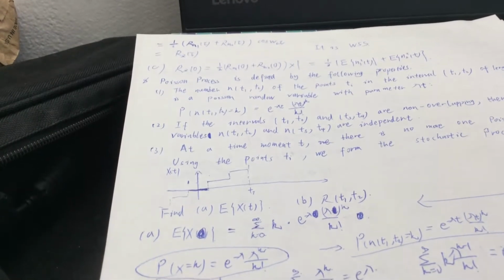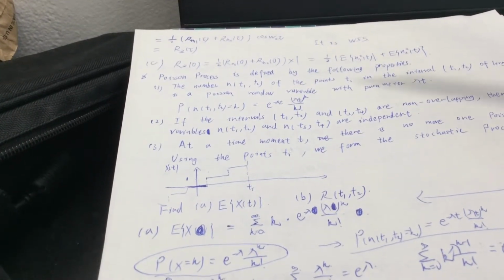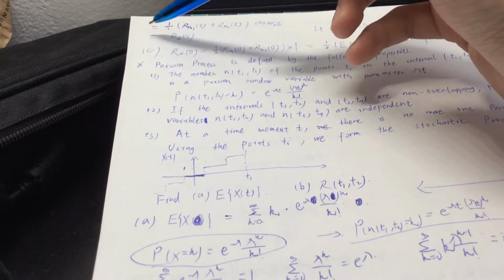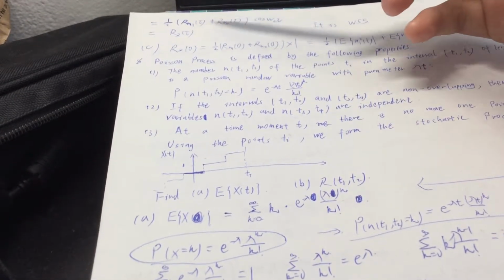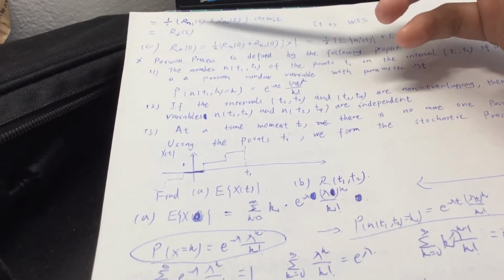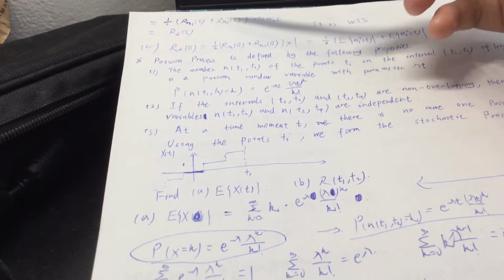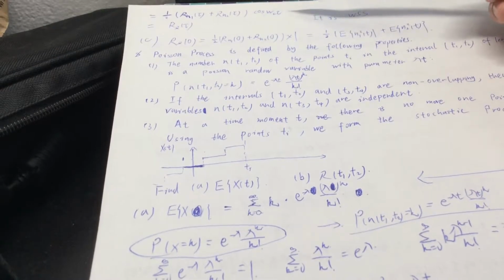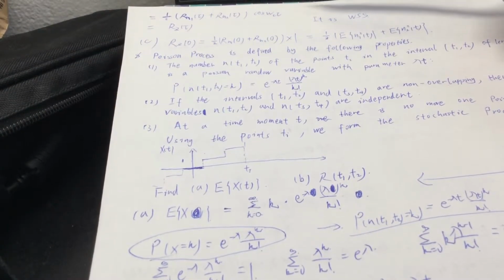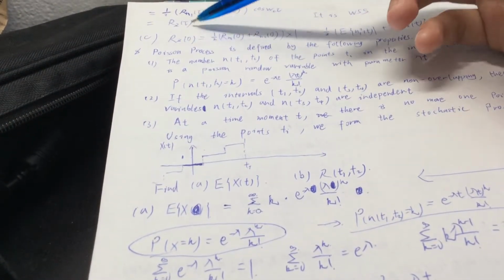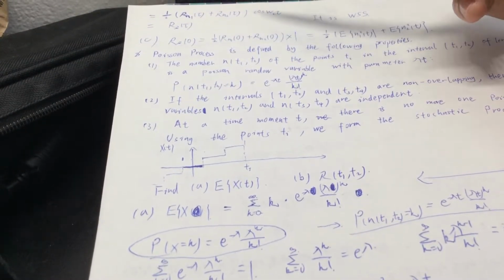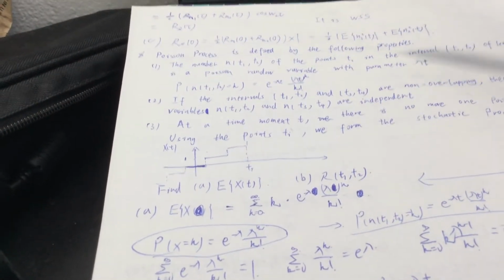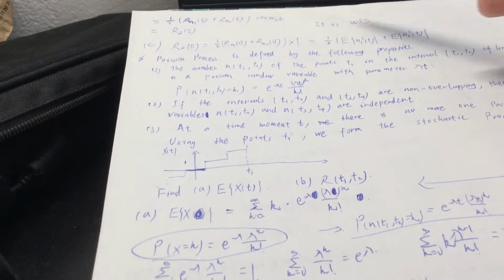So finally we can obtain the consequence as this line: 0.5 times (Rn1(τ) plus Rn2(τ)) times cosine(ωc τ), and it is equal to RZ(τ). So from the definition in the textbook, we know that it is WSS.